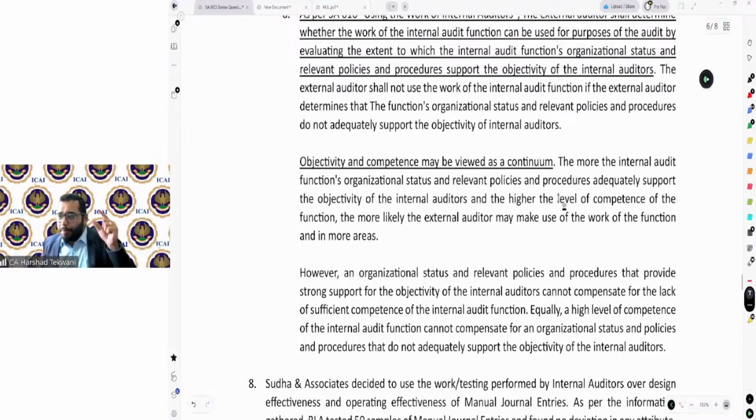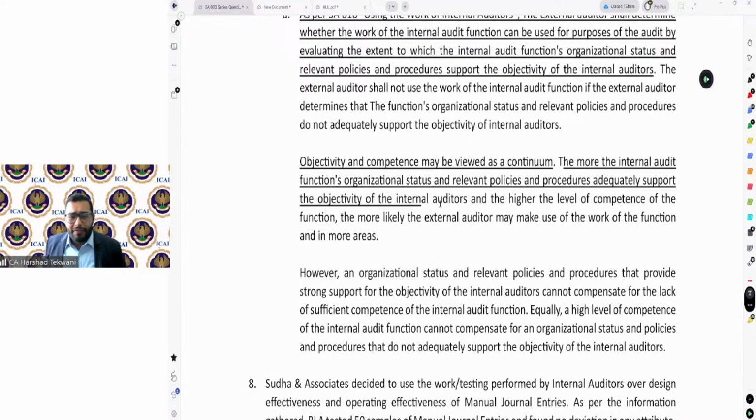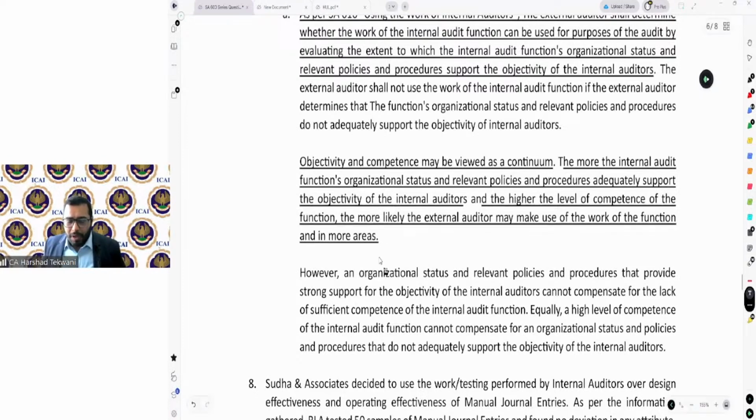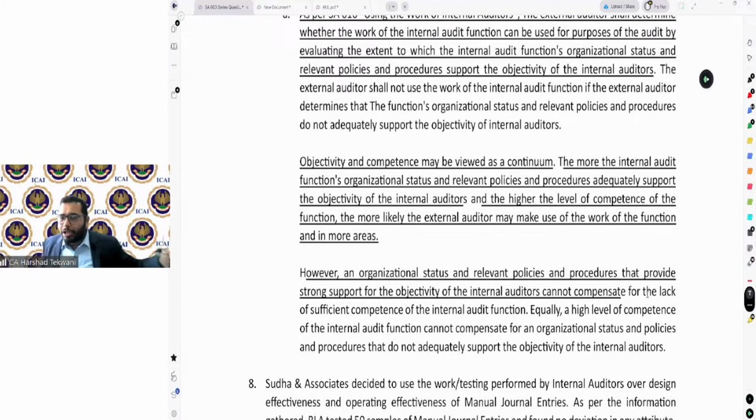The more the internal audit function's status and relevant policies and procedures adequately support the objectivity of the internal auditors, and the higher the competence of the function, the more likely the external auditor may use the work in more areas. However, an organizational status, relevant policies and procedures that provide strong support for the objectivity of internal auditors cannot compensate for the lack of sufficient competency of the internal audit function.